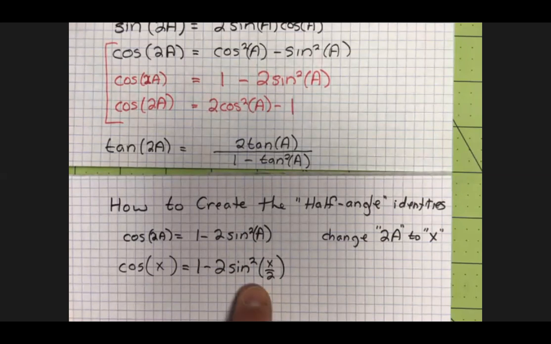Except it's not solved for the sine of the half angle. Right? Now let's solve this for sine of x over 2. Let's rearrange this until I isolate sine of x over 2. Well, I'll take the 2 sine squared x over 2 and I'll bring it to the left. I'll take the cosine of x and bring it to the right.